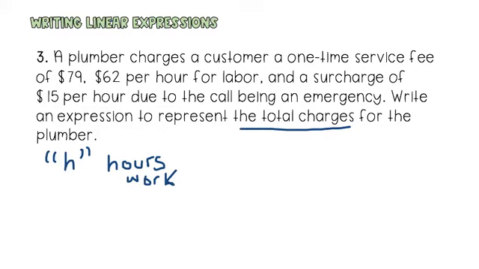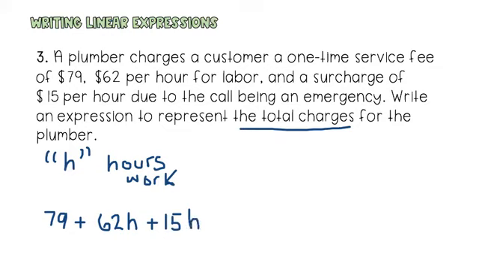So I have my one-time fee of $79 plus $62 per hour. So 62 times H, because H is my hours, plus $15 per hour. So 15 times H.